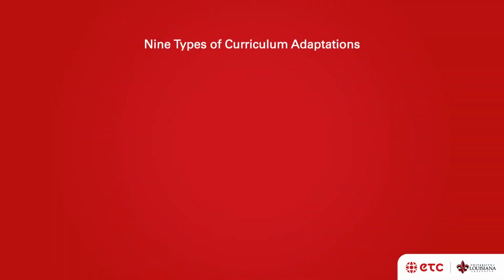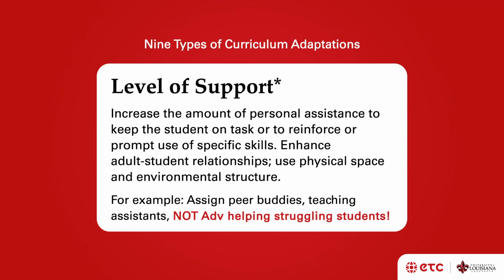The next is the level of support. One of the things within level of support is to pair students up, to buddy them. Again, a warning in terms of advanced students: do not put your advanced student with your struggling student. You want them to be buddied up with someone who is at or just a little bit above their level.